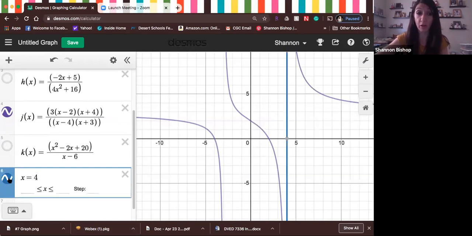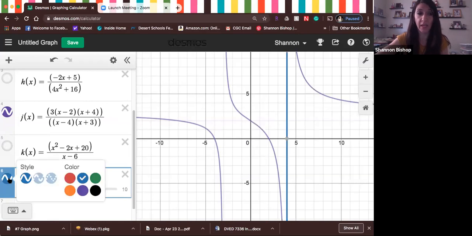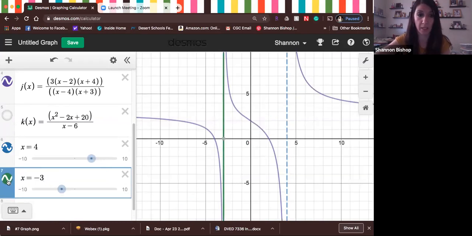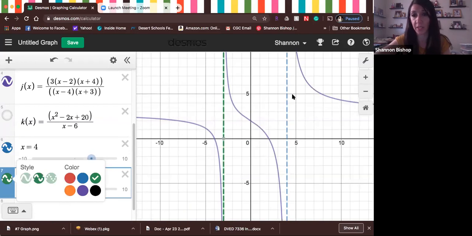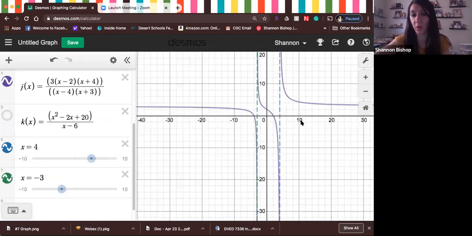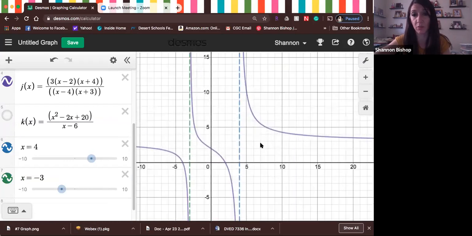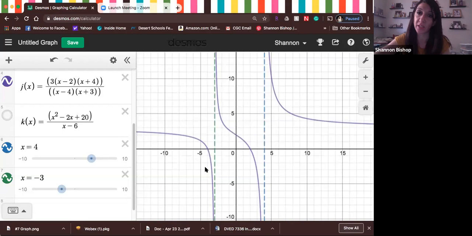They should be included in your graph, indicated by a dotted line. So as you start drawing more and more graphs for me in this section, the expectation will be that wherever your vertical or horizontal asymptotes are, you're going to indicate that with a dotted line.